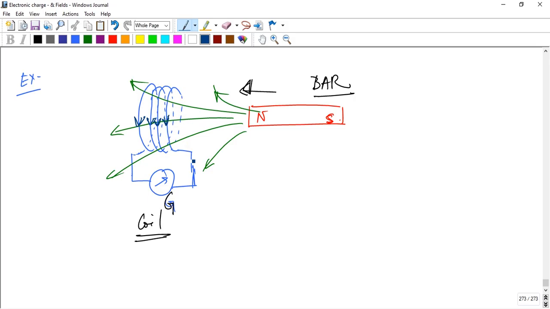When current is generated, the galvanometer is deflected. When the bar magnet moves towards the coil or away from the coil, a current is generated, but in opposite directions, so the galvanometer deflects in opposite directions.